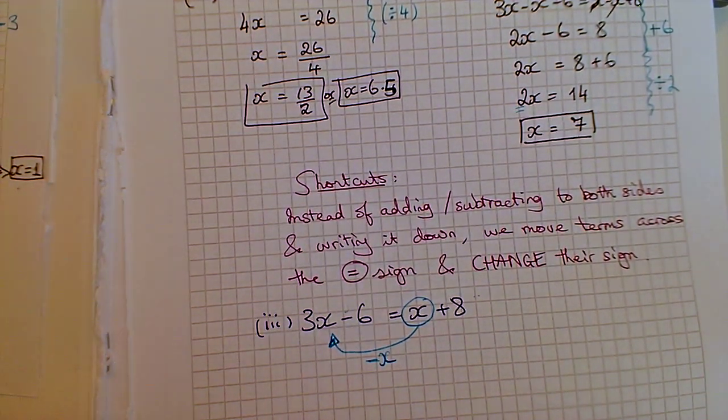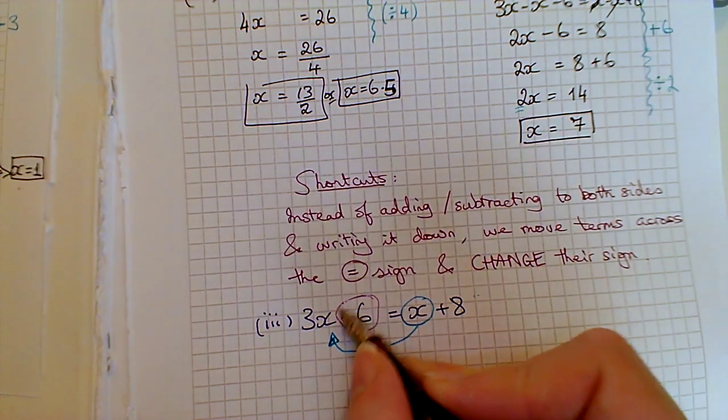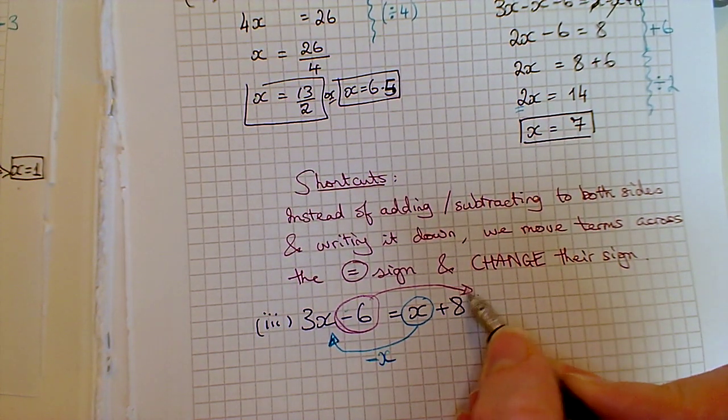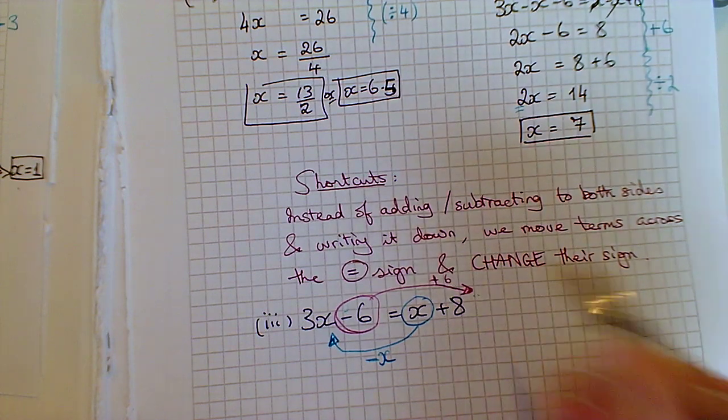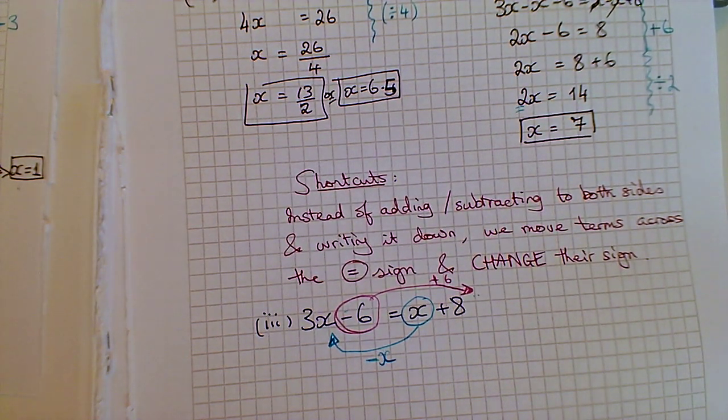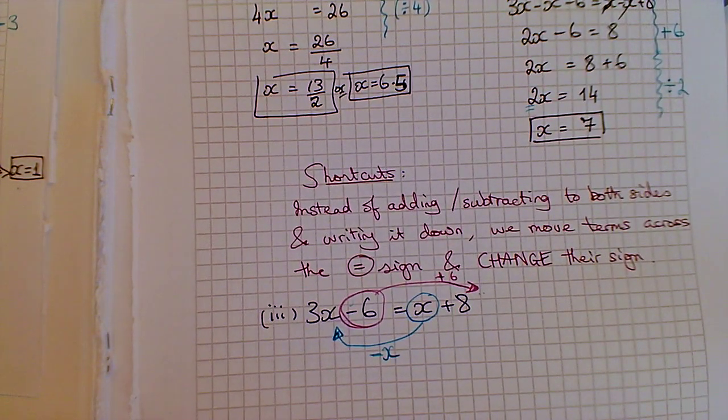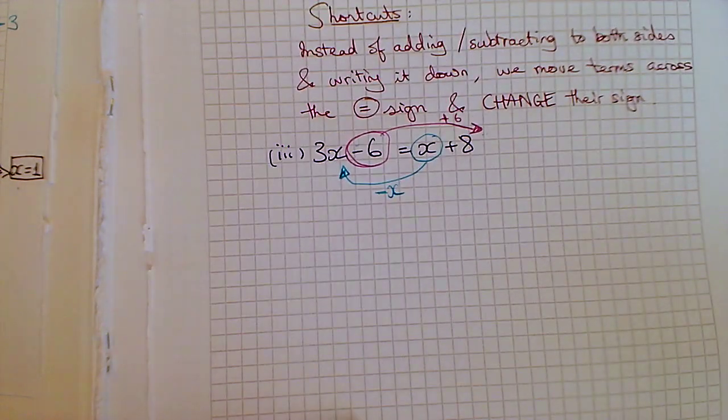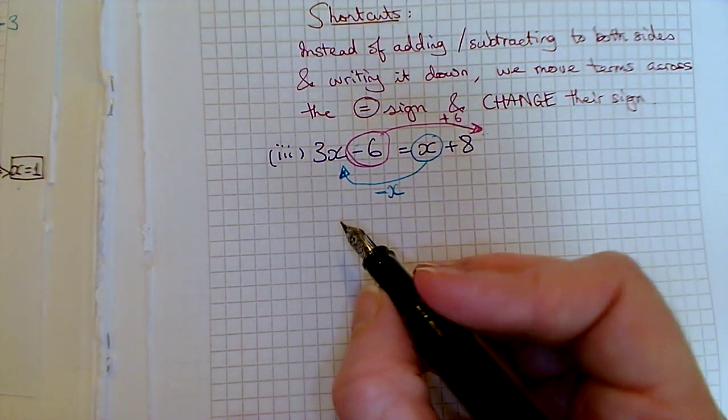And at the same time, to save me time, I'm going to bring my negative 6 to this side, and it's going to become a plus 6. Again, you won't have to write down the arrows either.